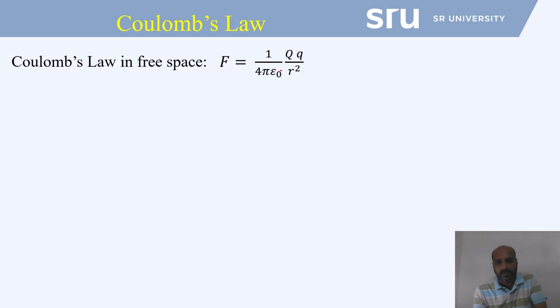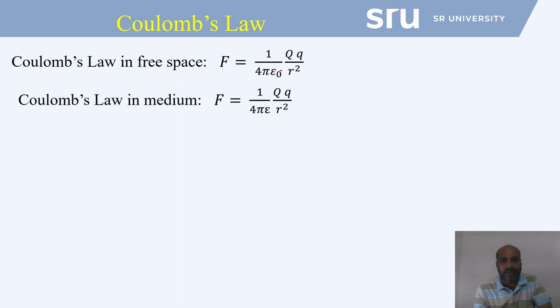If the same charges are placed in a medium, then the equation turns to, instead of epsilon naught, we'll write epsilon. Here epsilon is also permittivity, but this is the permittivity of the medium.